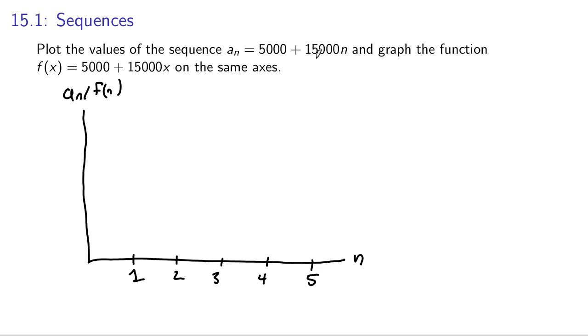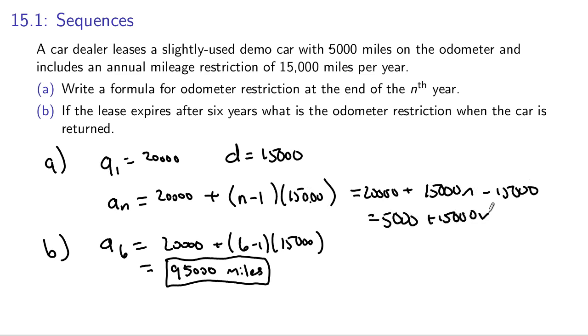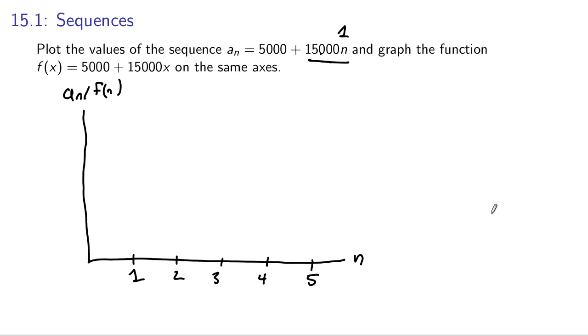We put in 1, we get 5,000 plus 15,000 times 1. Here we've changed the formula by multiplying out the n minus 1. So we have 20,000 plus, doing the distribution, 15,000n minus 15,000, which gives us 5,000 plus 15,000 times n. This is the same formula, and then we're going to graph this very similar rule.